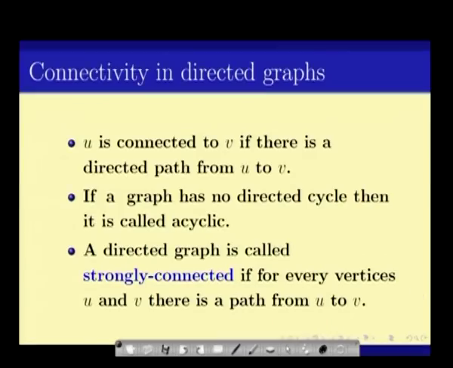A cycle is a directed path starting from a vertex and ending at itself. If a directed graph has no directed cycle, then it is called acyclic.